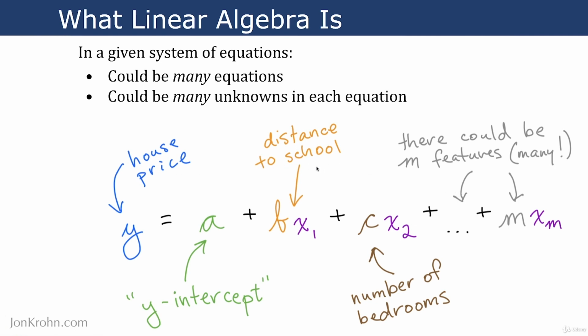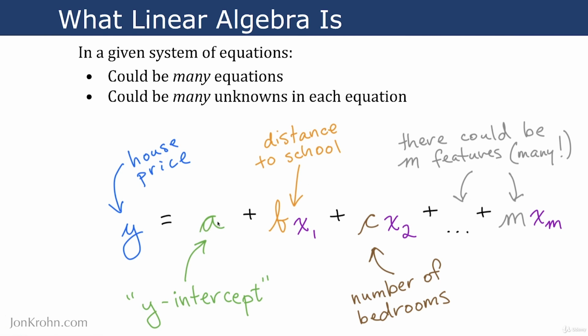So some of the relevant features here might be distance to school or number of bedrooms and so on. I have M features here. And so B, C, and M, these are examples of features. This could be an integer, the number 3, distance to school could be a value like 2.5, representing 2.5 kilometers. And so on for however many features we have, in this case, M features.